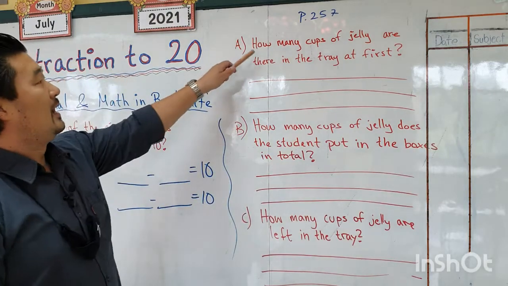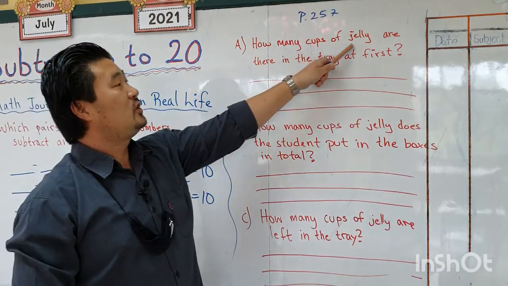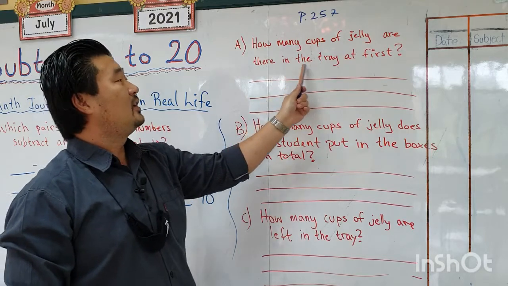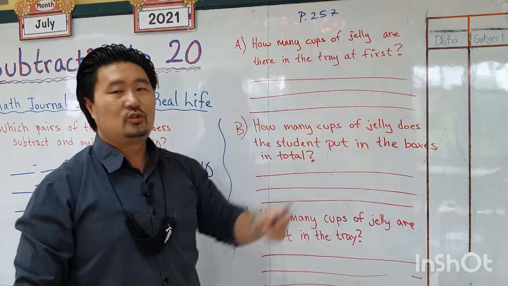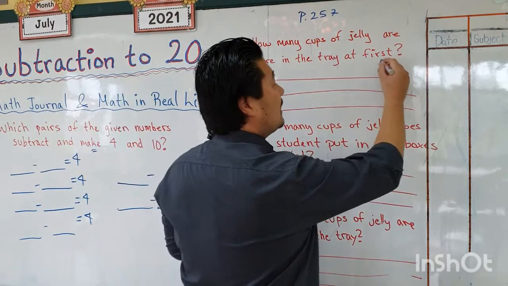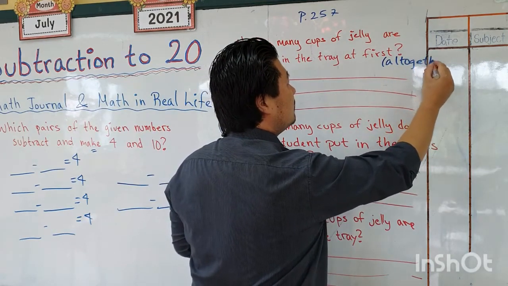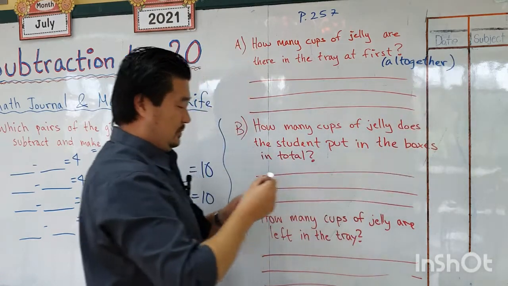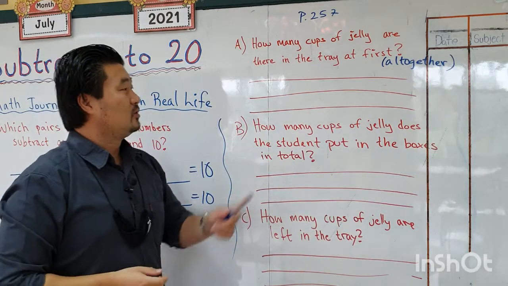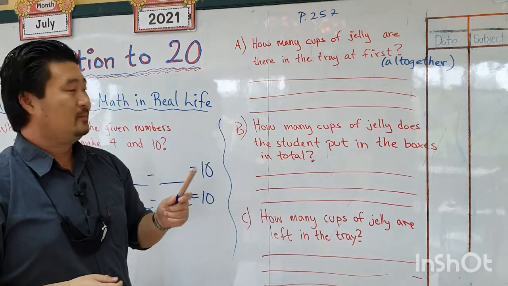Okay, so how many cups of jelly are there in the tray at first, all together? All together. Okay? So you write the number.